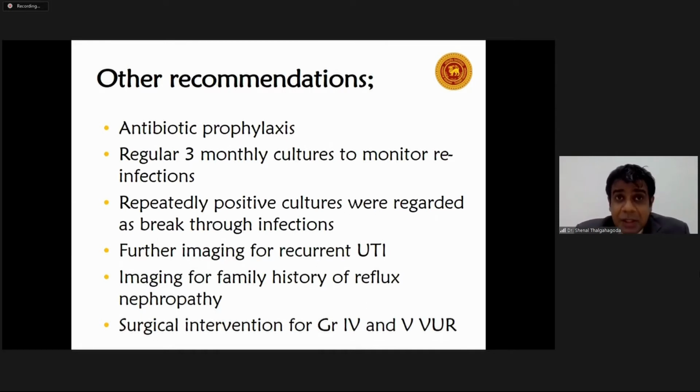And these reinfections, even though the children were asymptomatic, were treated as UTIs, and the child was branded as having a recurrent UTI and underwent an MCUG in addition to the DMSA and ultrasound scan. So further imaging for these recurrent UTIs was recommended. They also did an MCUG for a family history of vesicoureteric reflux, and they recommended surgical intervention for grade 4 and grade 5 reflux in all patients.